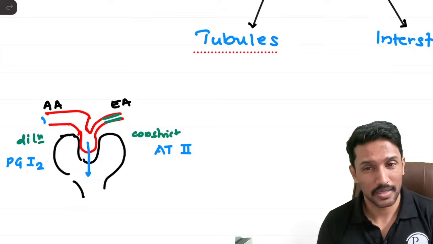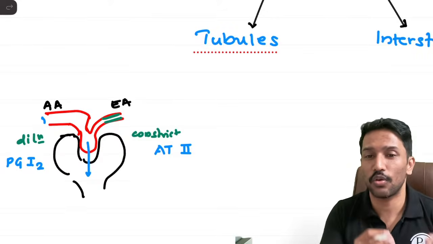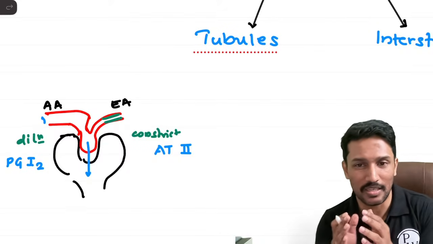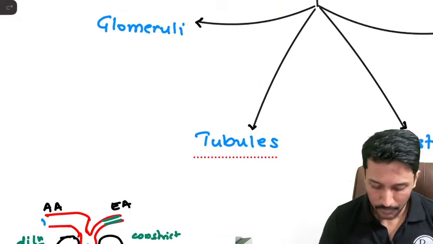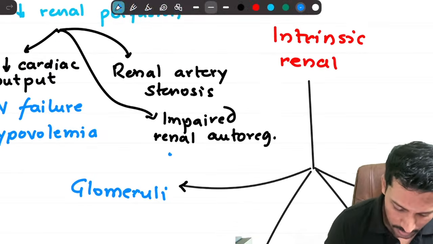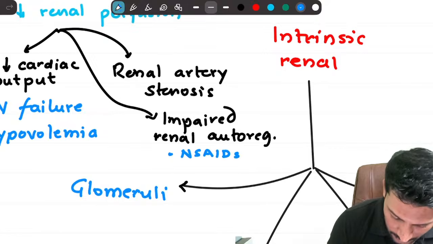But in the presence of NSAIDs, we may not be able to do that. So we are losing this autoregulation when we are on NSAIDs, or when we are on ACE inhibitors or ARBs, right? So impaired renal autoregulation can happen, as in the case of use of non-steroidal anti-inflammatory drugs.